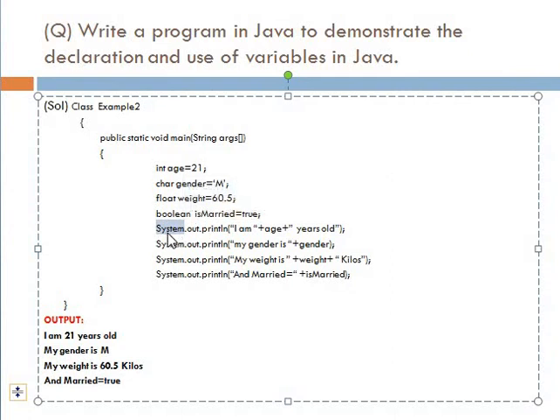As a result, this predefined class, identified by the name System, is not required to be declared at the beginning because it is already declared inside the Java library. So since System is a class inside the Java library package, we need not declare this System again.